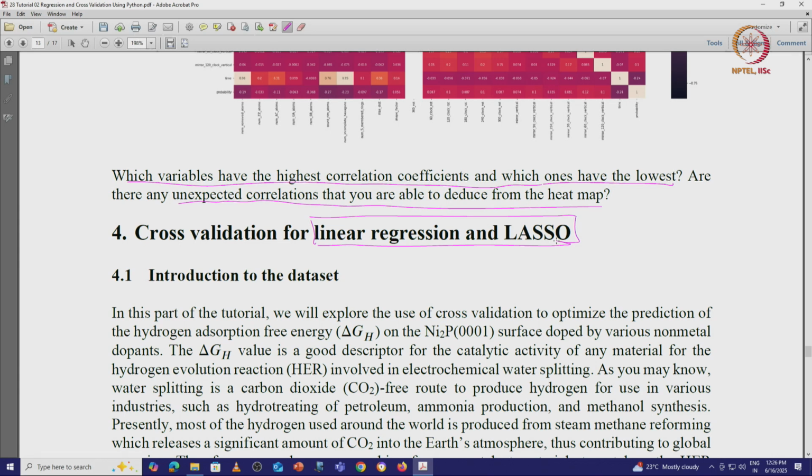The other advantage is that hyperparameter tuning can be done as part of the cross validation procedure, because hyperparameters are model configuration variables or training configuration variables, and these need to be set before the training can begin, and the only way to really determine the optimal hyperparameters is to do cross validation.